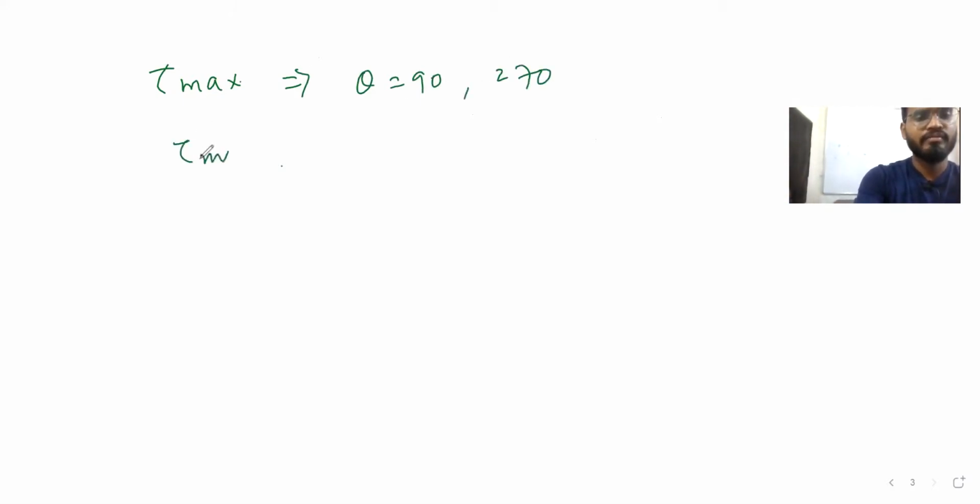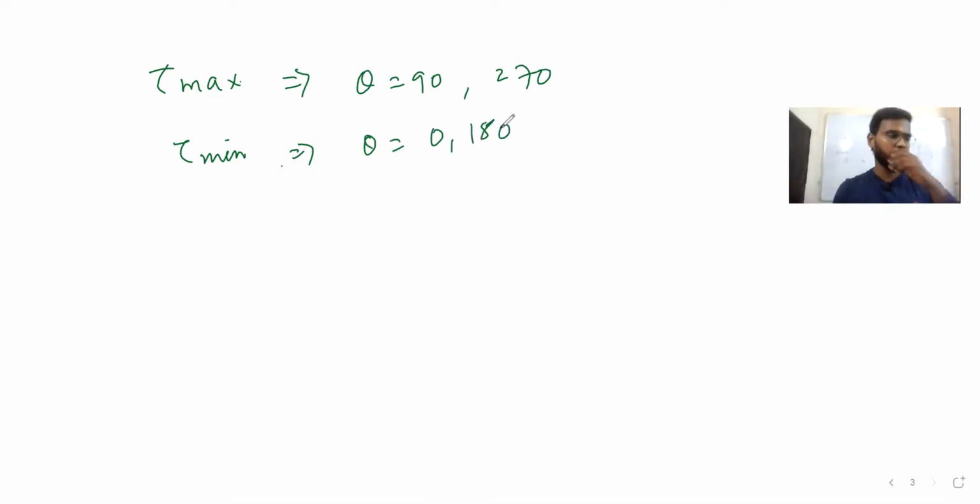Okay, torque minimum, guys, theta should be equal to 0 degree or sin 180 degree, right? So these two things if you put, then you will get minimum as well as maximum.